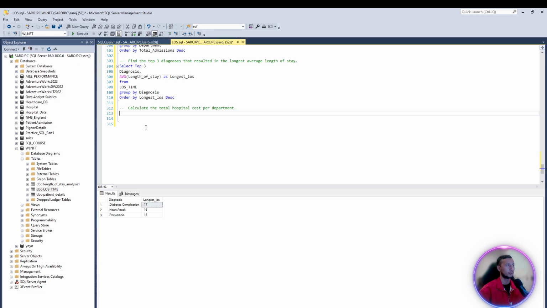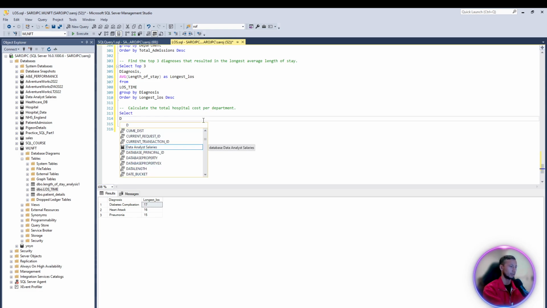So calculate the total hospital cost per department. Okay, select department, then after we need to use the sum. This is the aggregation function, right?